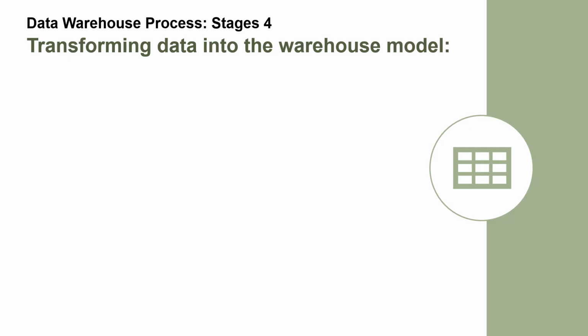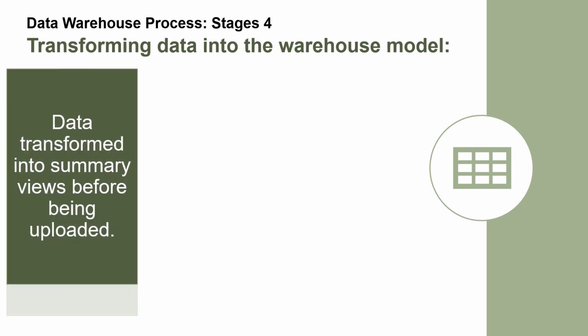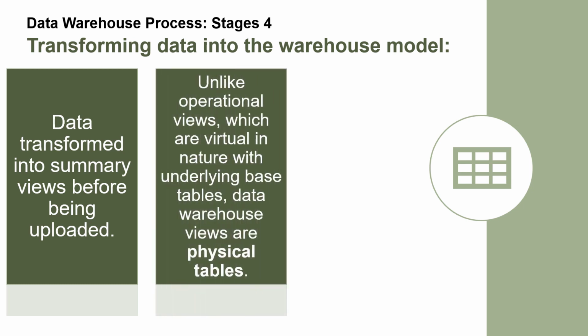In stage 4, we should transform data into the warehouse models. The data warehouse model has been established or designed in stage 1. So the data is transformed into summary views before being uploaded.